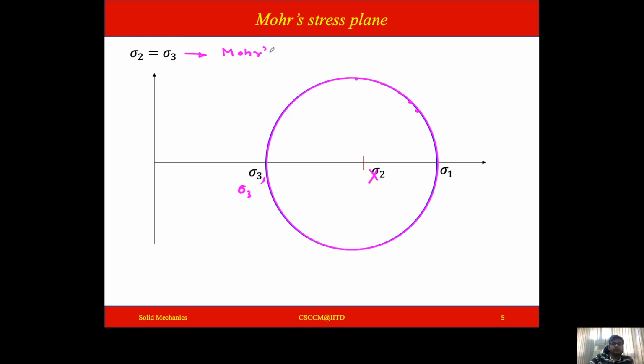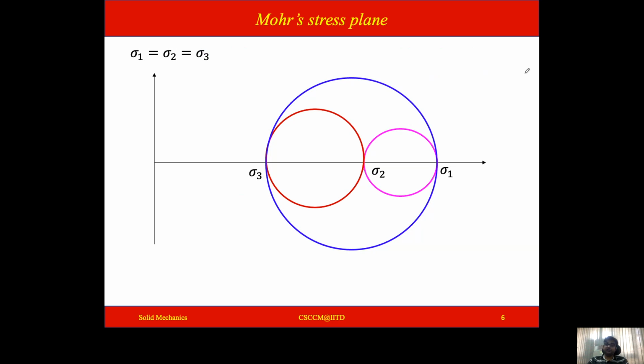So in this case, Mohr's stress plane reduces to a Mohr circle. So this is a special condition where you will not find a Mohr stress plane because that will become a Mohr circle. Okay.